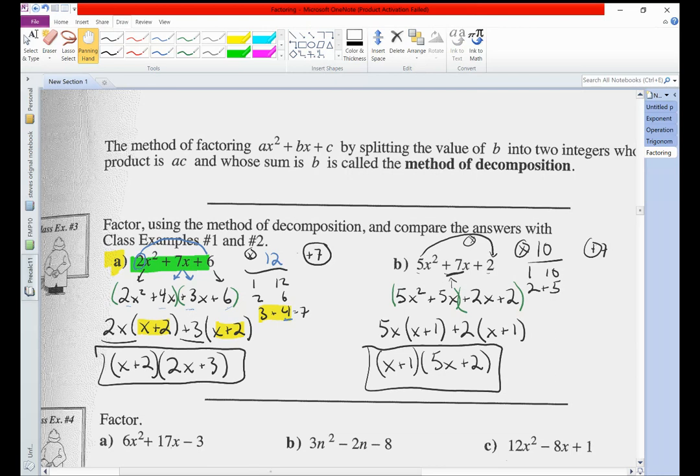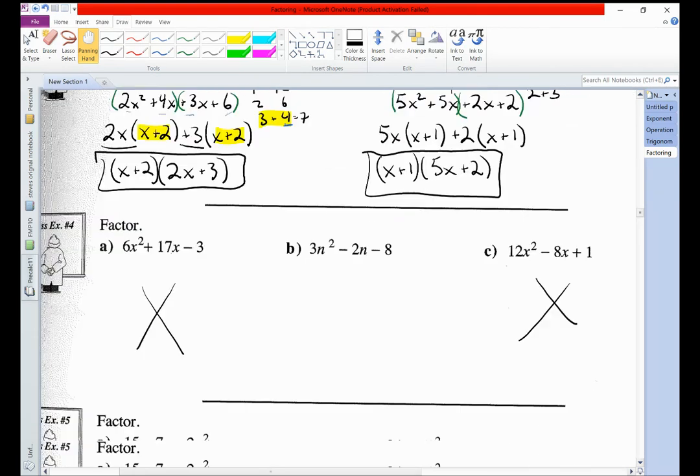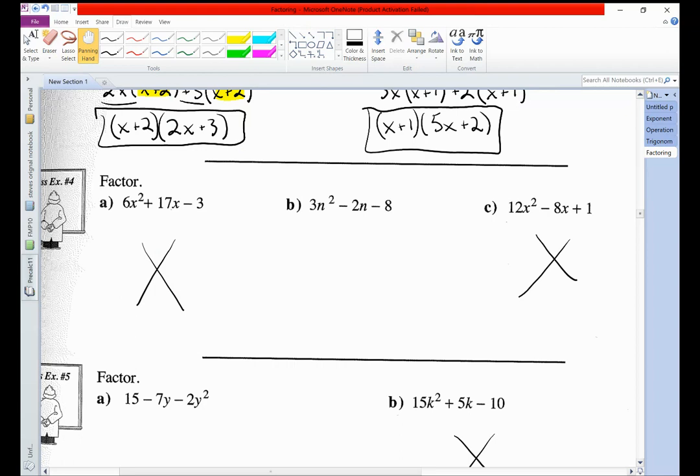Let's try a couple more examples. Let's try this one in the middle here: 3n squared minus 2n minus 8. Can I factor that 3 out? No, I can't. So what I'm going to do is multiply the 3 by the negative 8, and I get negative 24. So I'm looking for two numbers that multiply to negative 24 and add to negative 2.